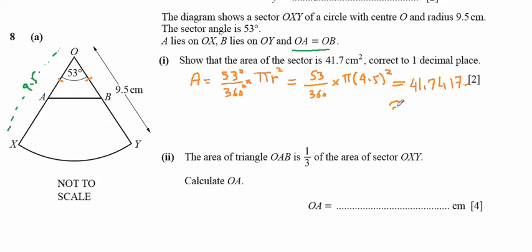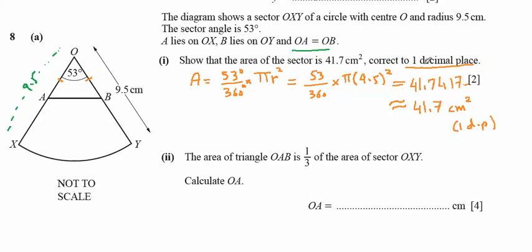When we round this value to one decimal place, it will be 41.7, because the next digit after 7 is smaller than 5, so it will not increase. So 41.7 square centimeters to one decimal place.